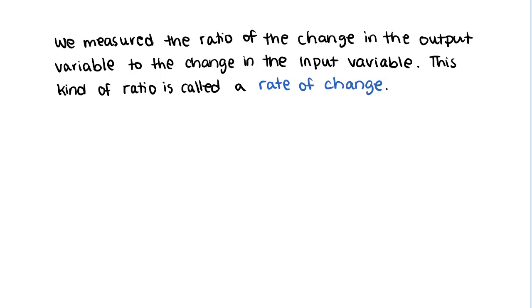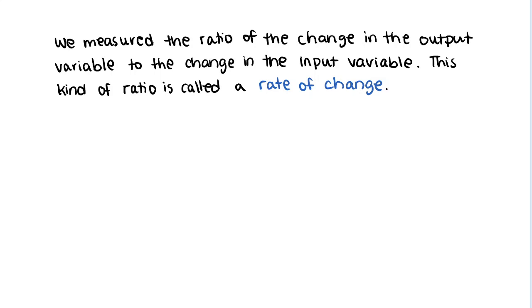And so we call this kind of ratio, the ratio of the change in the output variable to the change in the input variable, a rate of change. Right? It's telling us how the output quantity is changing in comparison to the input quantity changing.